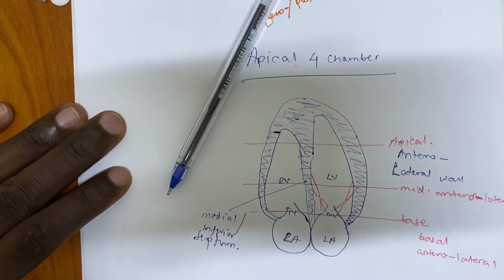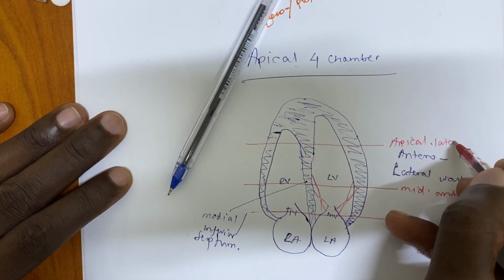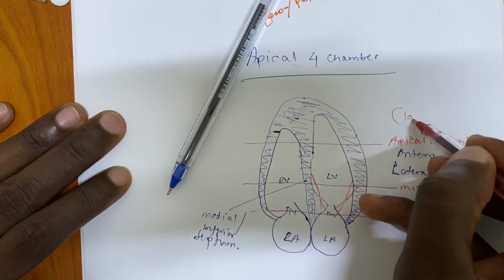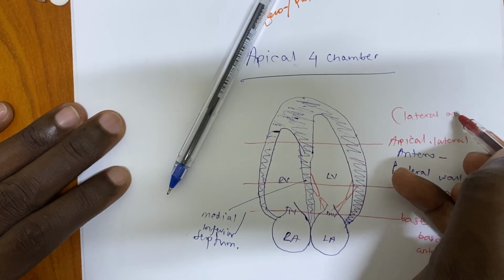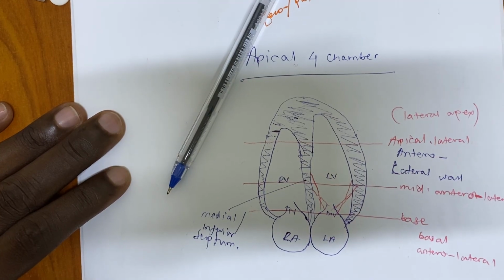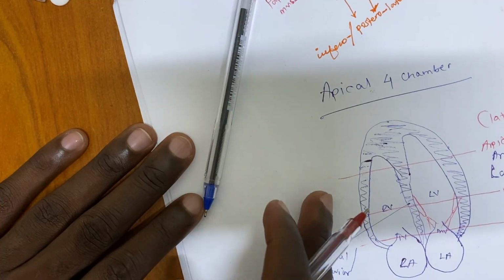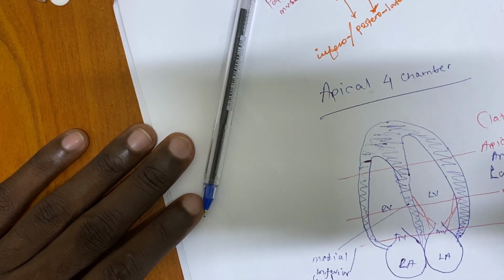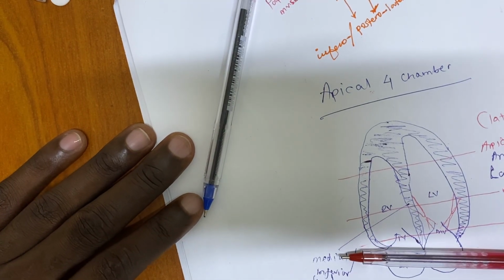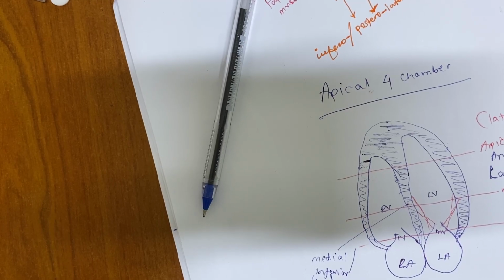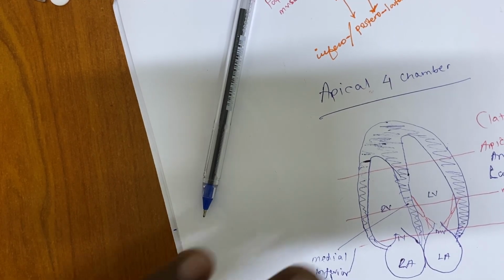Apical lateral, or lateral apex. And if we go this side, what do we have? Right, apical lateral. The reason is that the last part of the apex was divided just into 4: anterior, lateral, inferior, and medial. So we have named these ones.